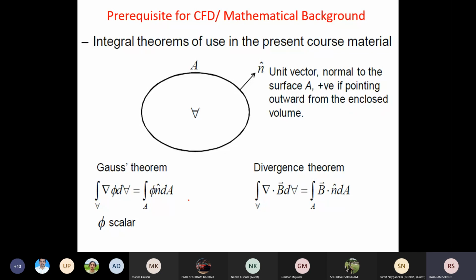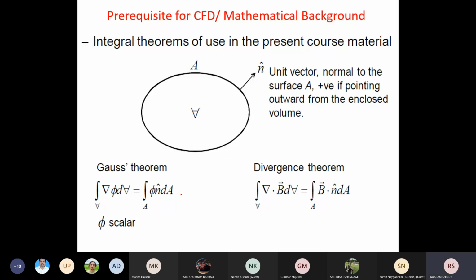Now what are these theorems? This is the del operator, the gradient of phi. Integration of gradient of phi over the volume is equal to the integration over the area of phi into n hat dA. That means phi into the unit vector over the area.